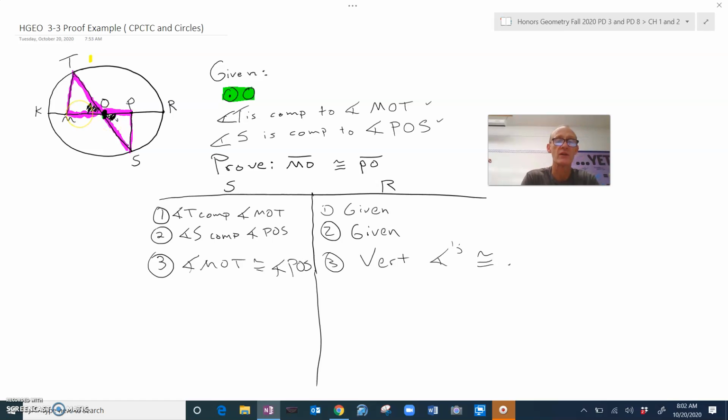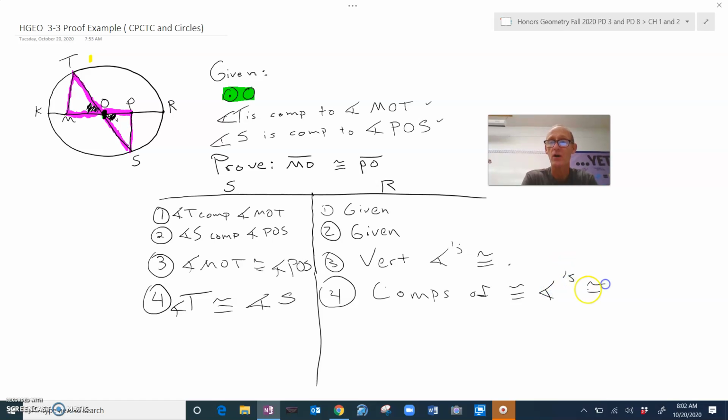Okay, I'm just marking my vertical angles. This brings back a fact from the last chapter that says complements of congruent angles are congruent. Okay? So we can say that angle T is congruent to angle S, because complements of congruent angles are congruent.